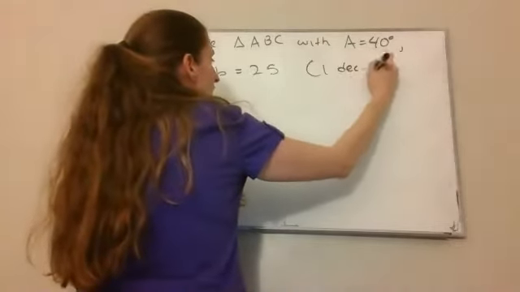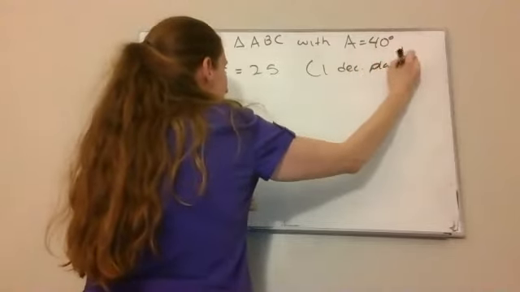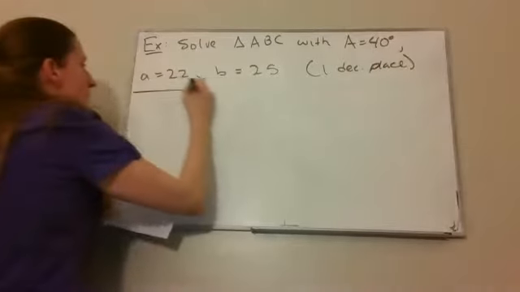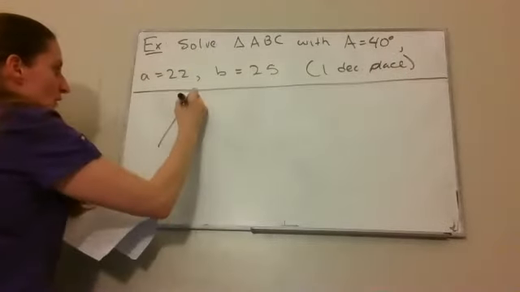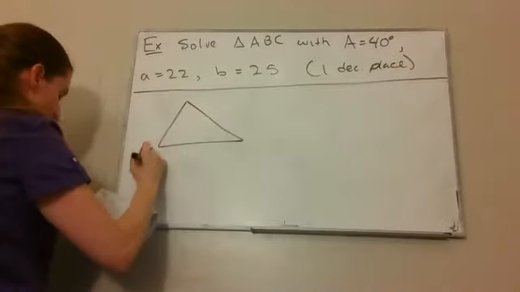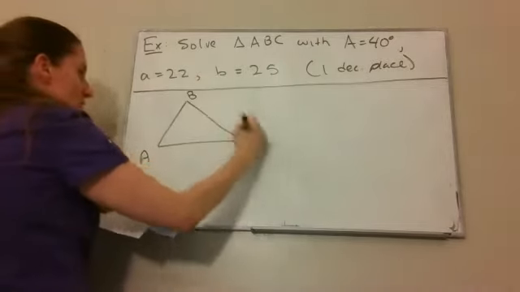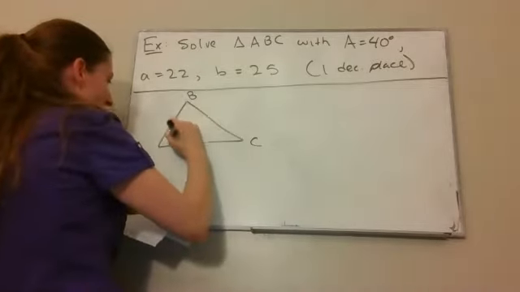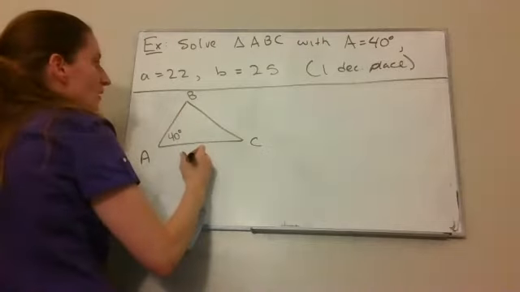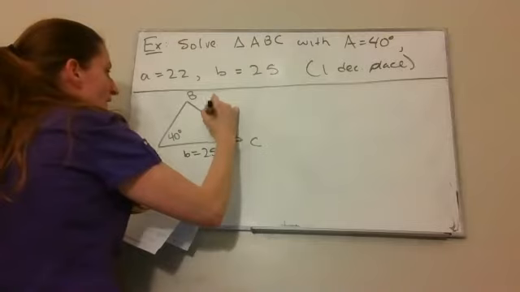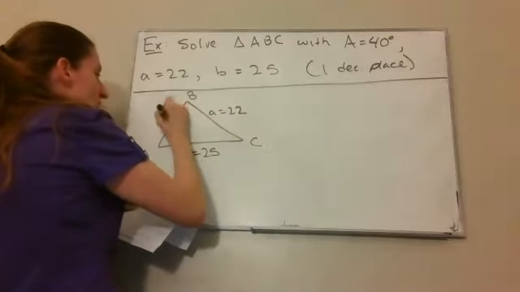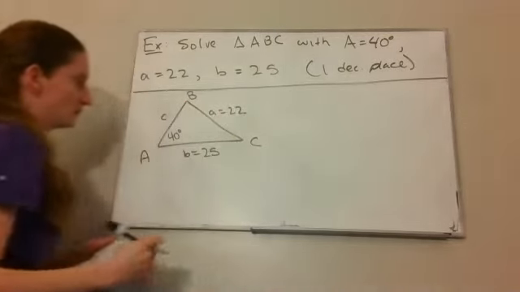And we're going to do 1 decimal place again. So let's draw a picture just to organize our thoughts and see what we have. I have angle A is 40 degrees. My side B is 25. And side A is 22. And I don't know side C.